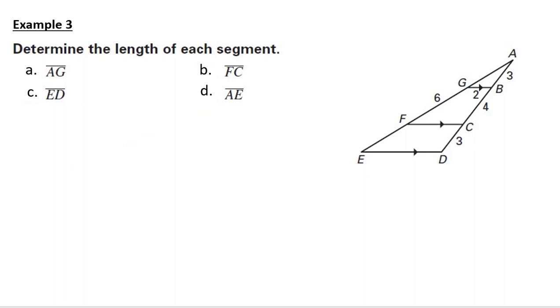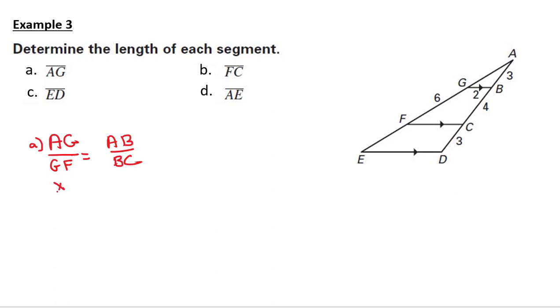Okay, another example. AG, where's AG? AG is right there. This is part A. AG is to GF as AB is to BC. And now fill in.